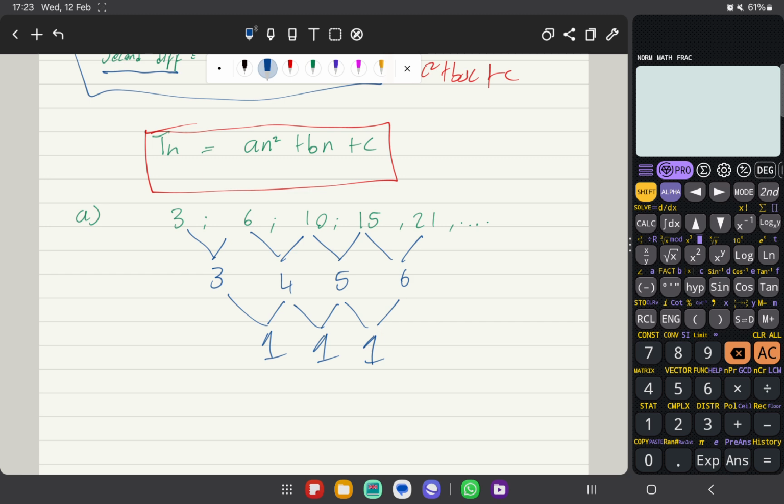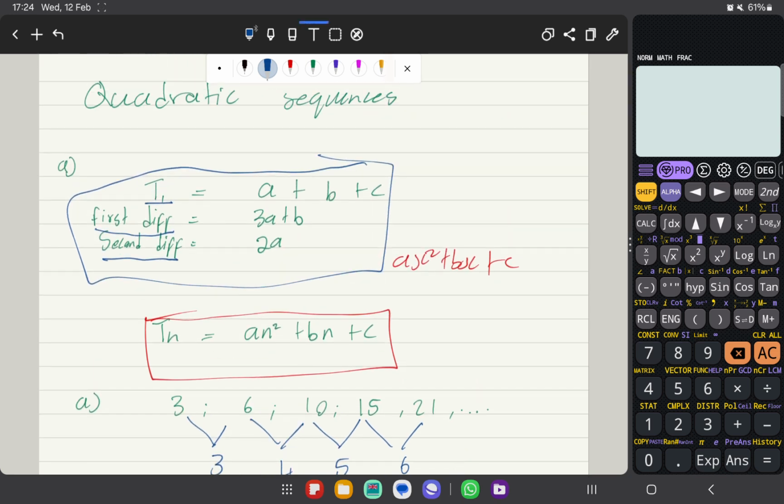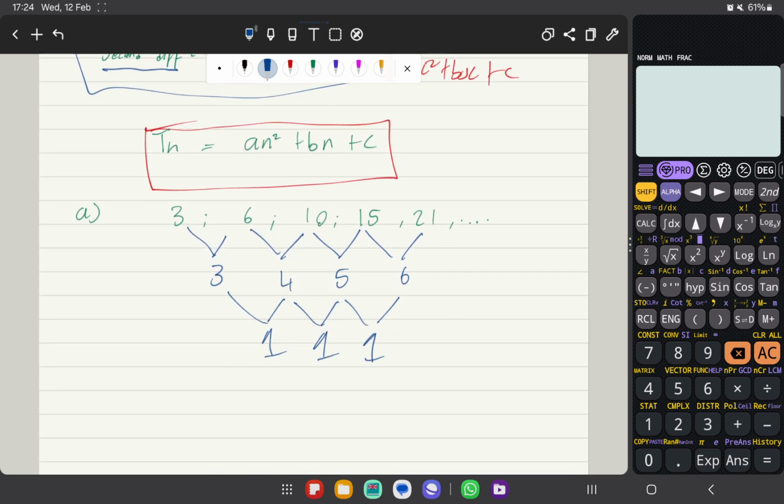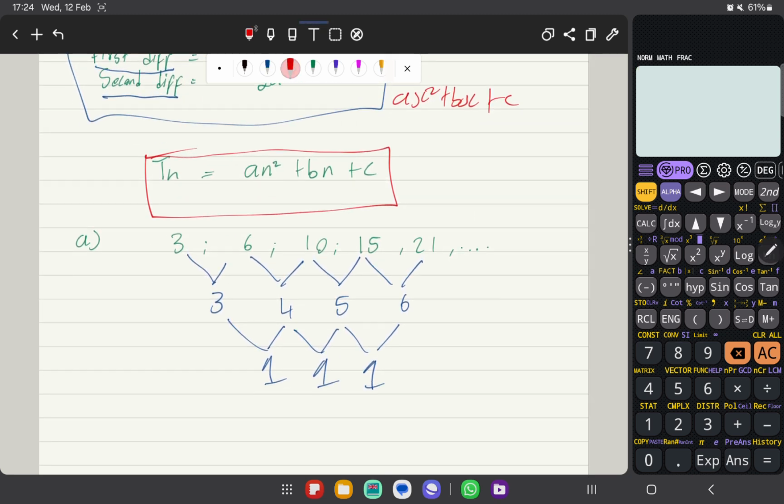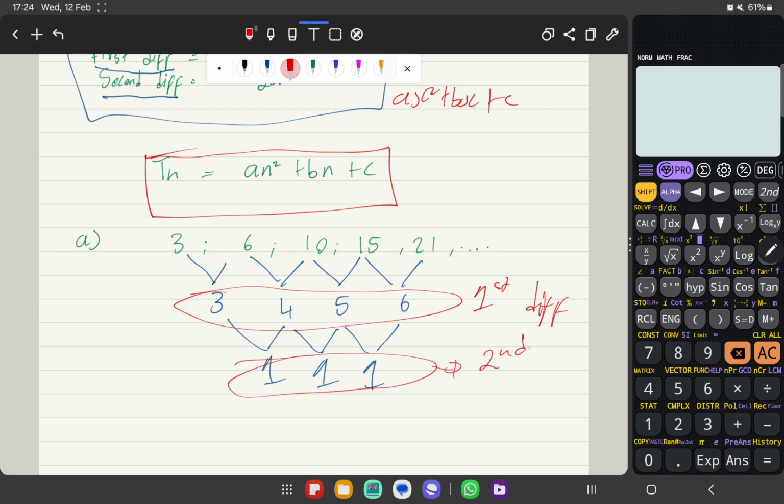Now we're going to apply these things. All of these are the first differences, and right here you have your second differences.